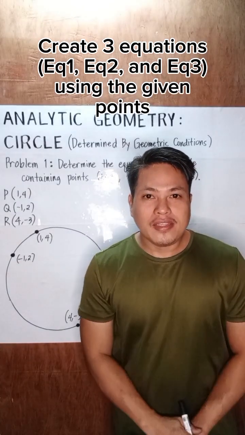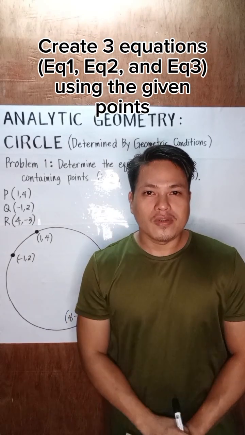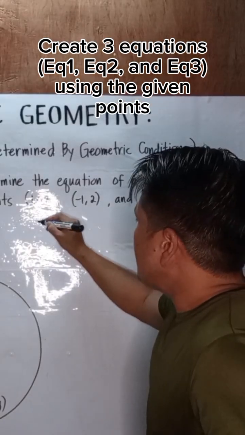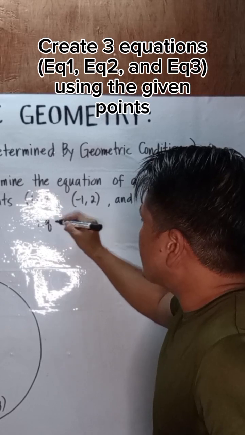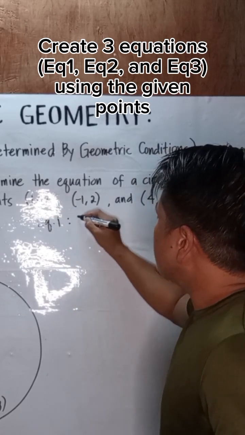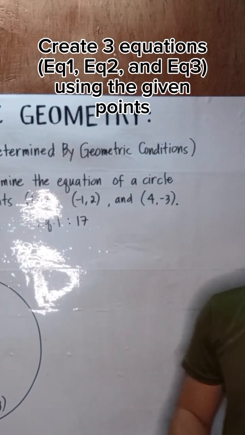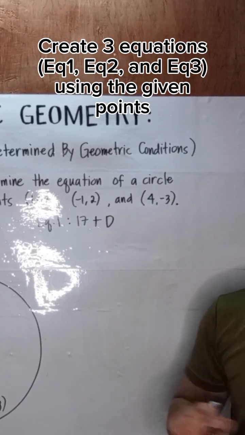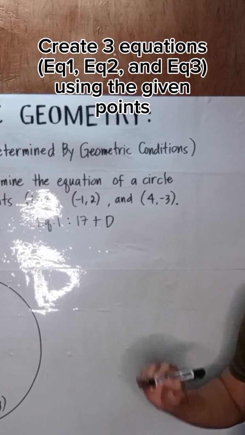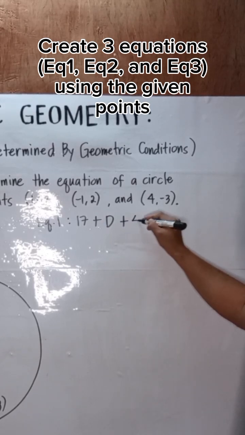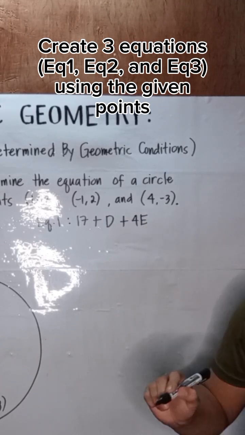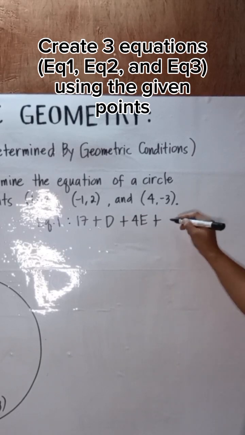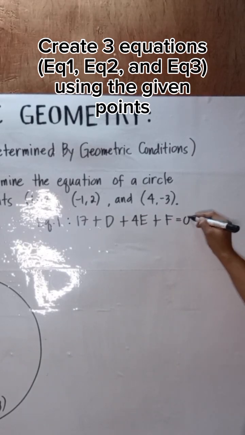Now, isulat natin ulit yung tatlong equation na nakuha natin. Ang equation number 1 natin ay 17 plus d plus 4e plus f is equal to 0.